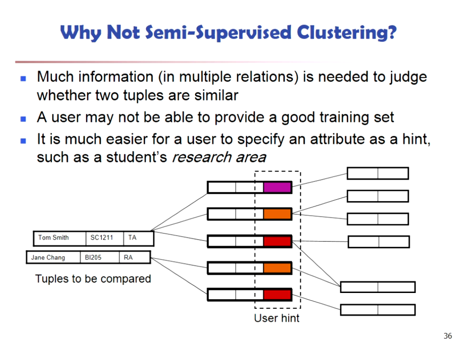Much information and multiple relations are needed to judge whether two tuples are similar, and a user may not be able to provide a good training set. It is much easier for a user to specify an attribute as a hint, such as a student's research area.